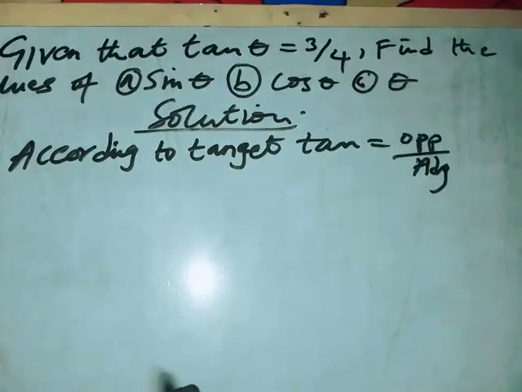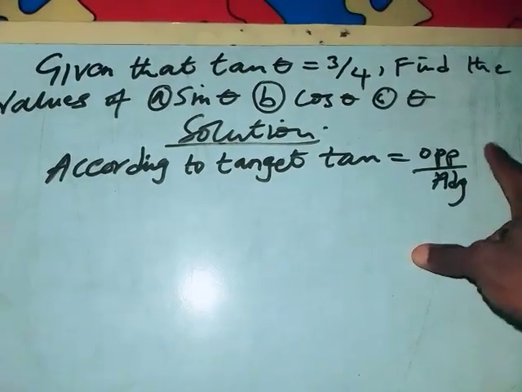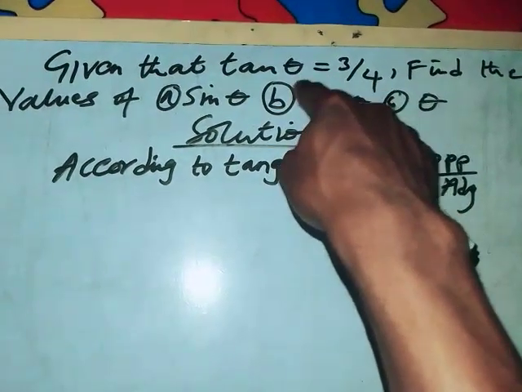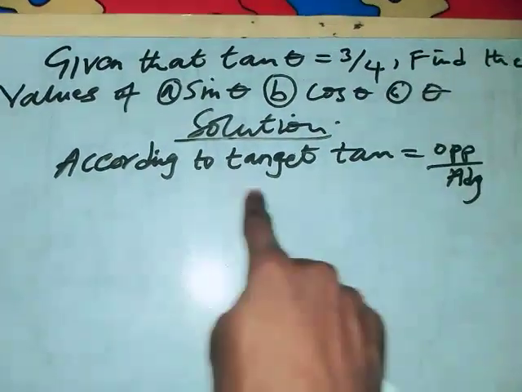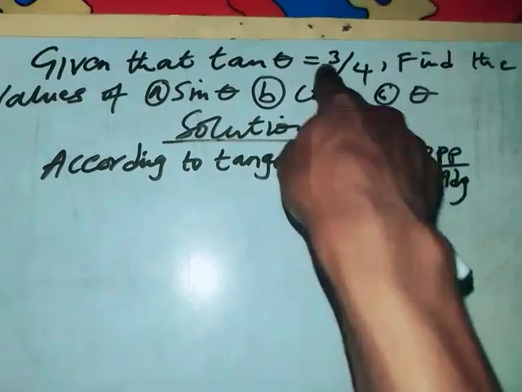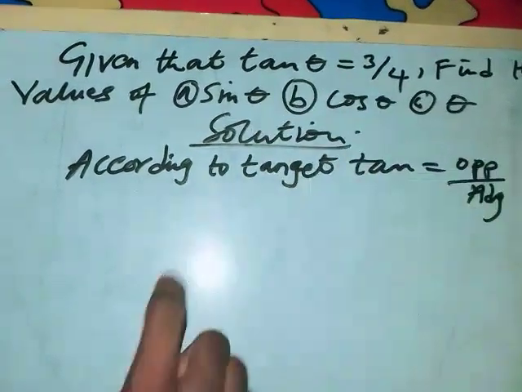Now if tan is equal to that, you need to draw a triangle to represent this information in a diagram. Remember, tan theta is given as 3/4, but tan is opposite over adjacent. So you need to locate your sides of tan theta, which are 3 and 4, in a diagram.